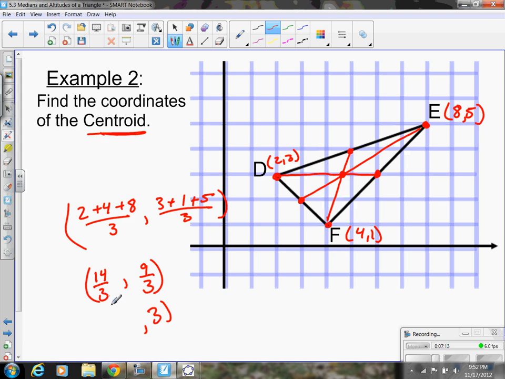And 14 divided by 3, 3 goes into 14 almost 5 times. 4 times with a remainder of 2. Does that point make sense? Over 4 2/3 and up 3. Bingo. That's my answer. This is pretty quick too. It'll save you some time. Highly recommend it. Okay, now you could sketch this out and see where they hit too.